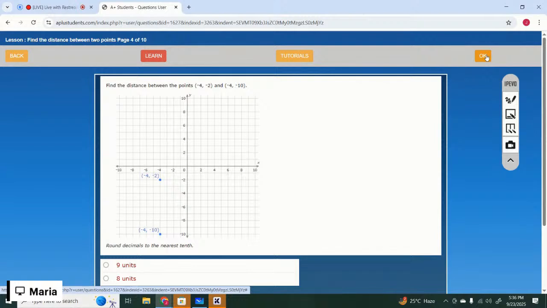Find the distance between the points (-4, -2) and (-4, -10).